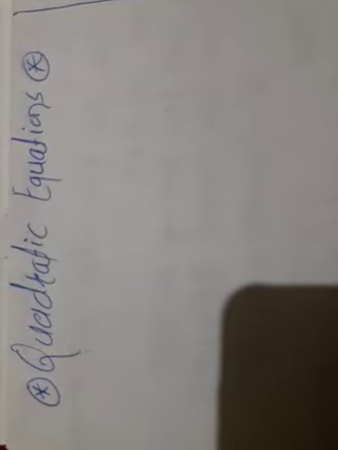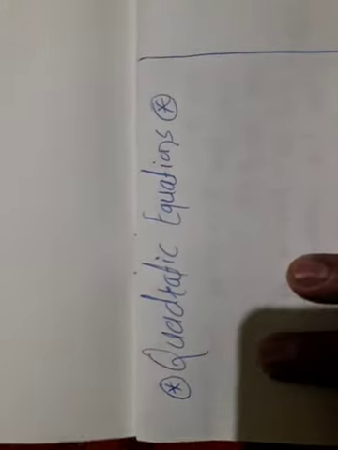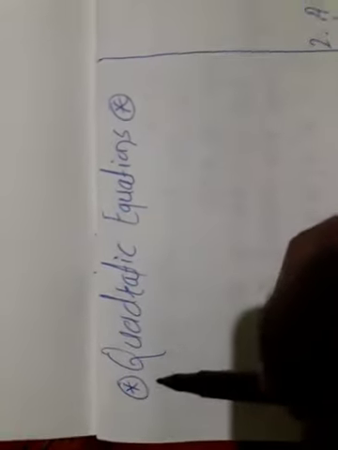Quadratic equation means what? Let me tell you the definition. A quadratic equation in the variable x is an equation of the form ax square plus bx plus c is equal to 0. What I said I will write here, because those points only you have to write in the notes.